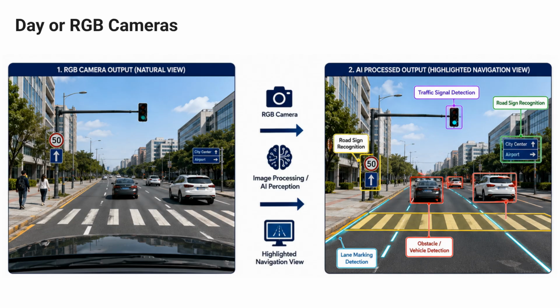On the right, the same scene is converted into a highlighted navigation view. Lane markings are traced, traffic signals and road signs are identified, vehicles are detected as obstacles, and the zebra crossing is clearly marked. The key point is that an RGB camera does more than provide video. When combined with AI, it helps the vehicle understand the road and navigate more safely.